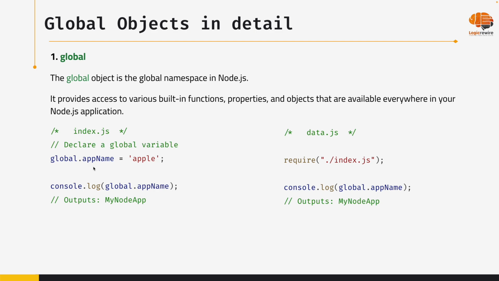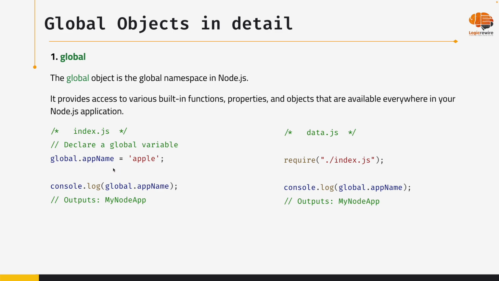But global is not preferred, because as the name suggests, the data can be changed. See here, the global appName is Apple, but the global appName can be changed, and someone can modify it. Because of that reason we don't want to use global mostly. But as a Node.js developer, you have to know that there is a keyword called global as well.